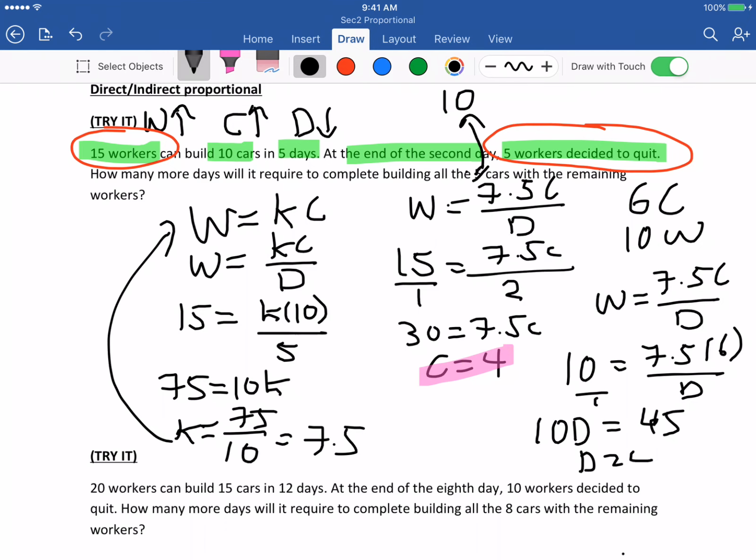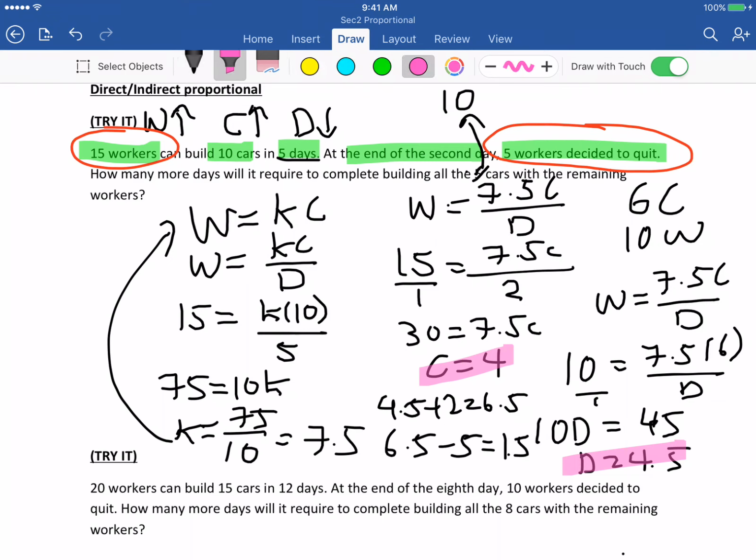D is actually equals to 4.5 days. So how many more days? Total number of days is 4.5 plus the existing 2 days, which is equals to 6.5. Total number of days originally required is actually 5. So it's just 6.5 minus 5, 1.5 more days. That's the answer.